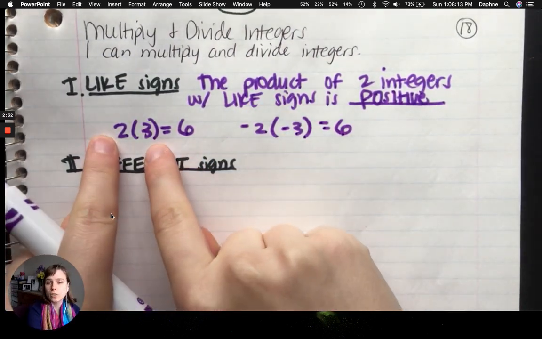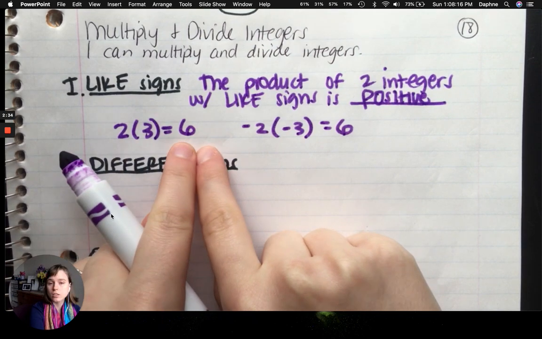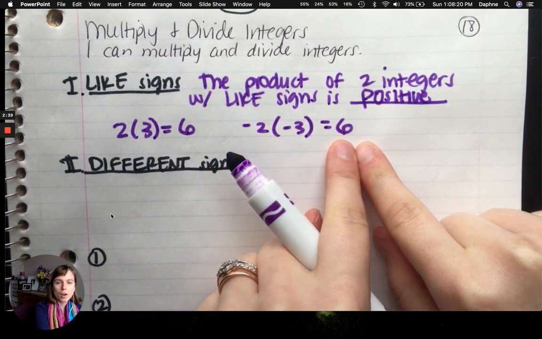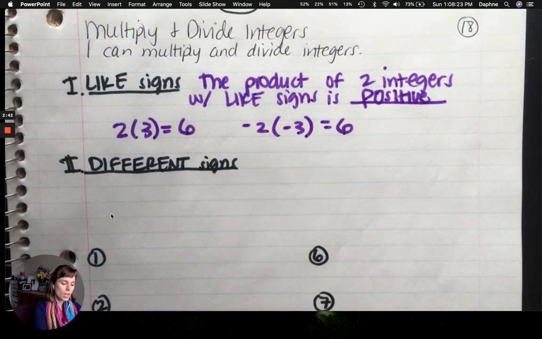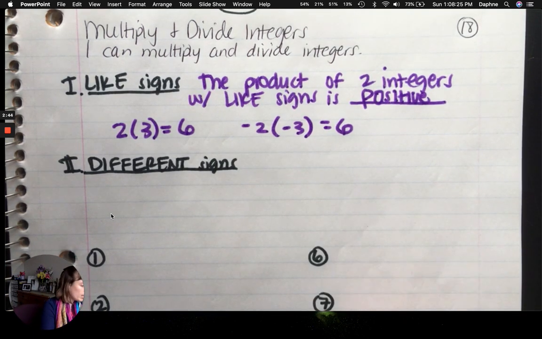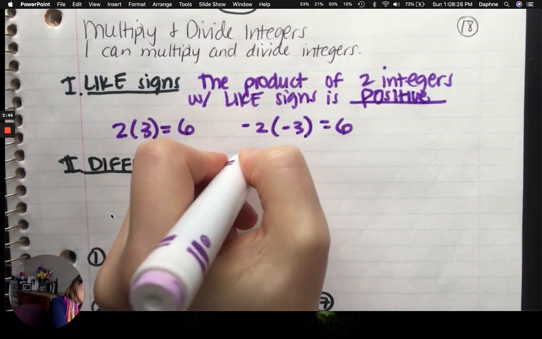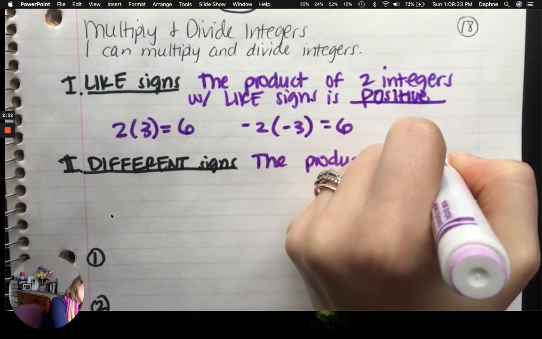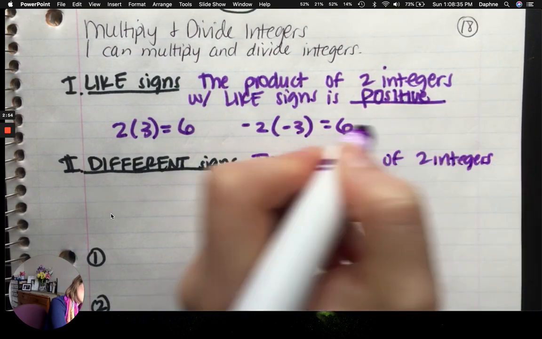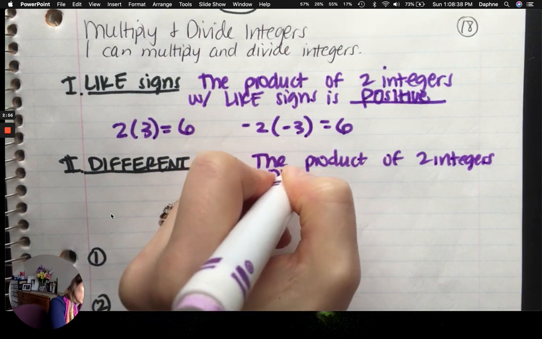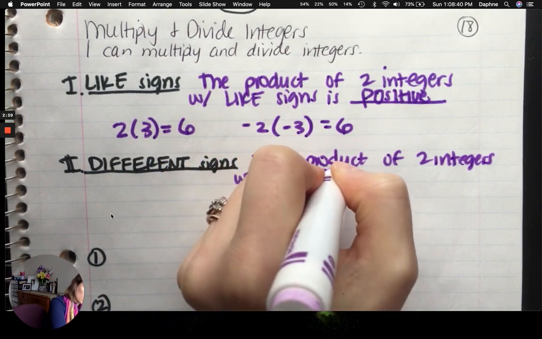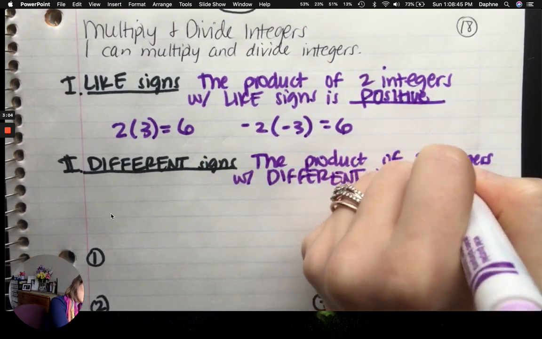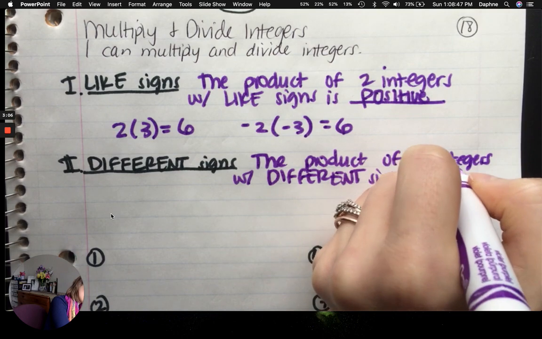So notice 2 and 3 are both positive. Their product is positive. Negative 2 and negative 3 are both negative. They have that like sign, and their product is also positive. So then different signs, so instead of this, the product of 2 integers with different signs is not positive but negative.